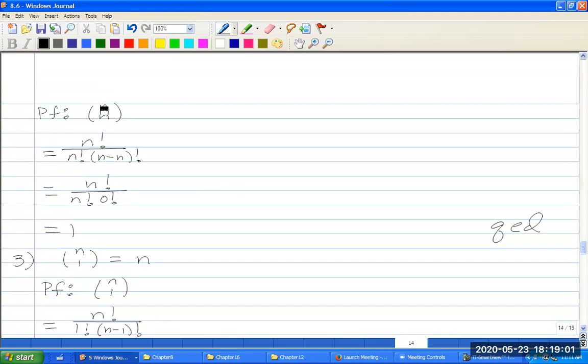By definition of nCr, n factorial over r factorial, but in this case, r is equal to n, so n factorial, over n minus r, but again, r is n, so it's n minus n factorial. n minus n is 0. 0 factorial is 1. The n factorials cancel. So again, you get 1.